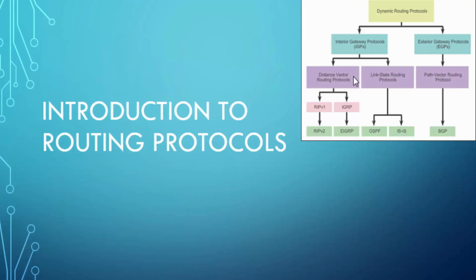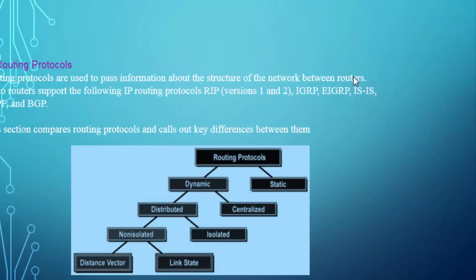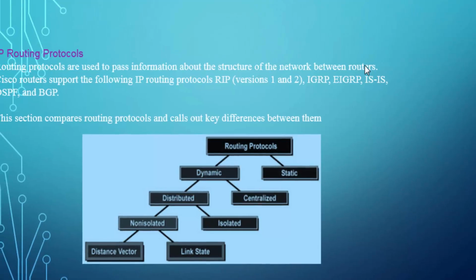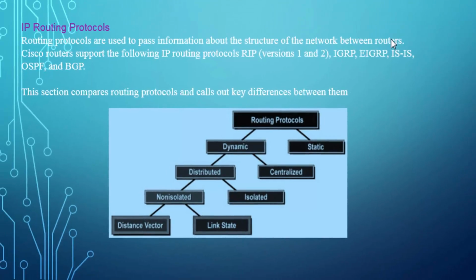Introduction to routing protocols. We're going to be giving a description of the dynamic routing protocols that we have. For example, in this graphic, we are going to see the two different kinds of routing protocols, the dynamic one and the static one. The dynamic one is the one that we're going to be focused on.